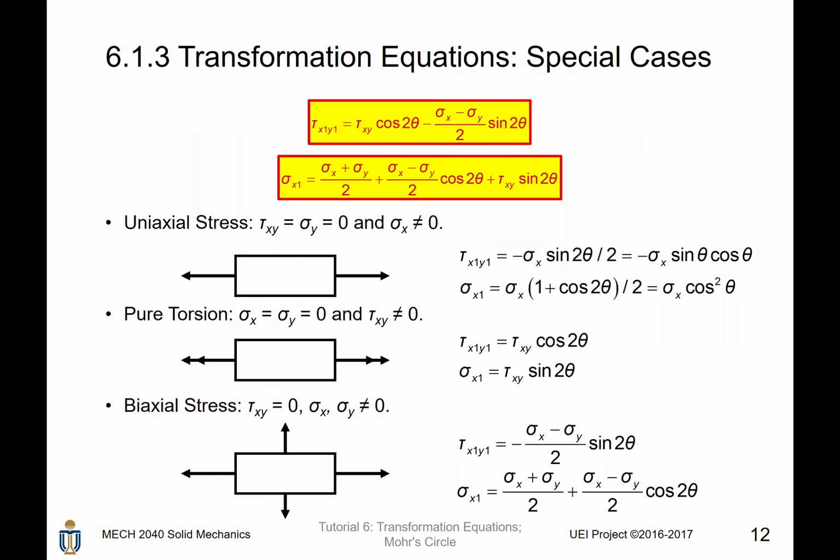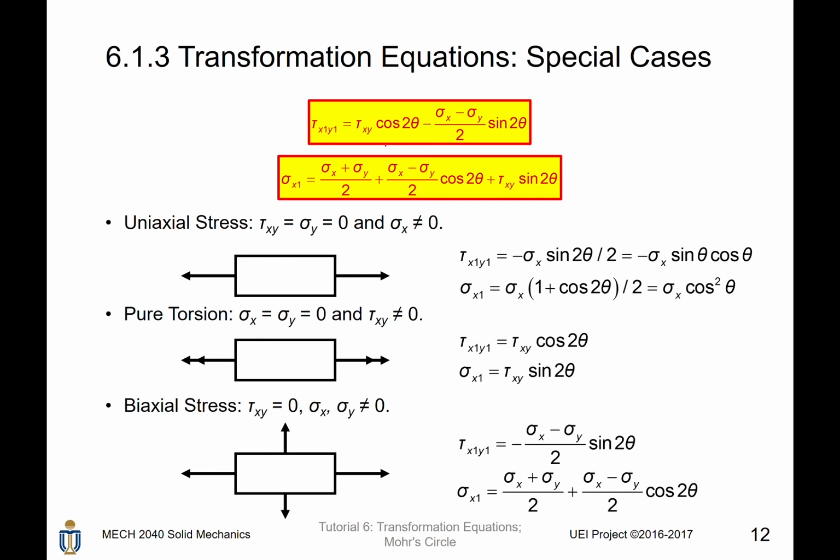Let's have a look at some very special cases of the transformation equations. The first special case is the uniaxial stress. Uniaxial stress means that there is no shear stress, and there is direct stress in only one direction. That means if sigma x is non-zero, then sigma y equals 0, and those two equations can be greatly simplified.